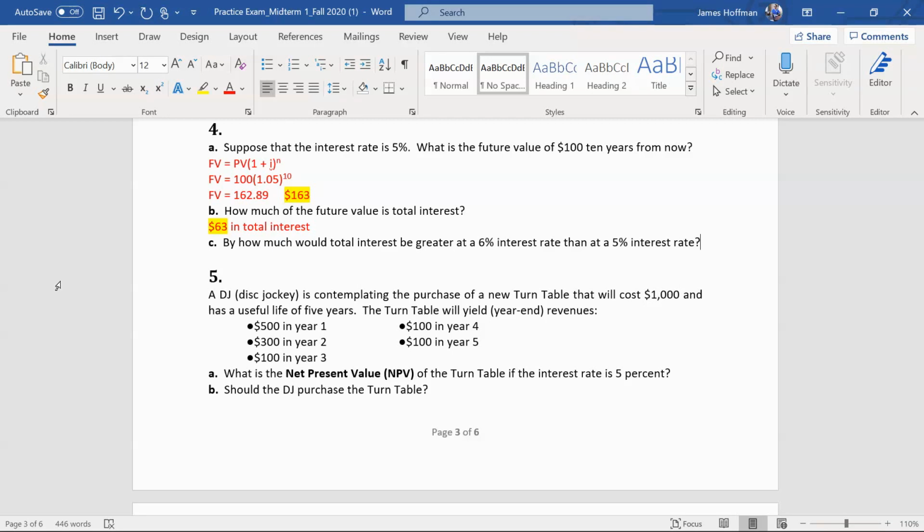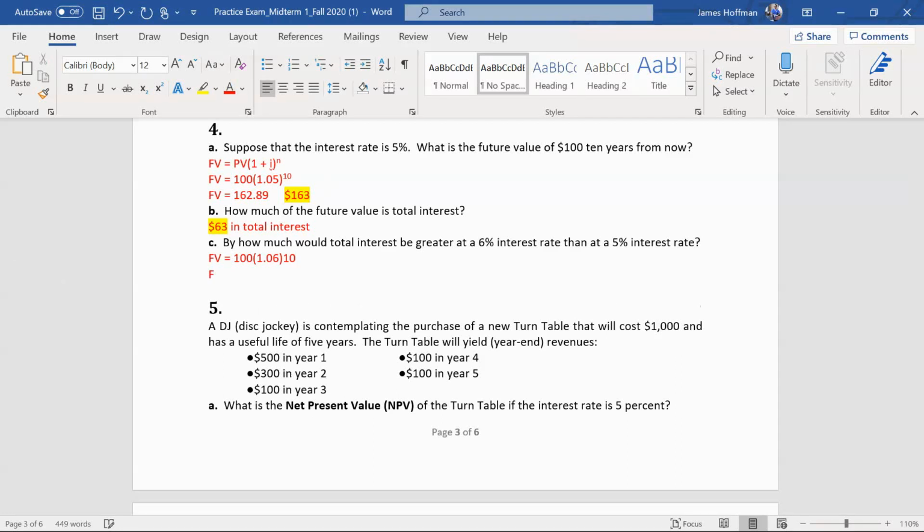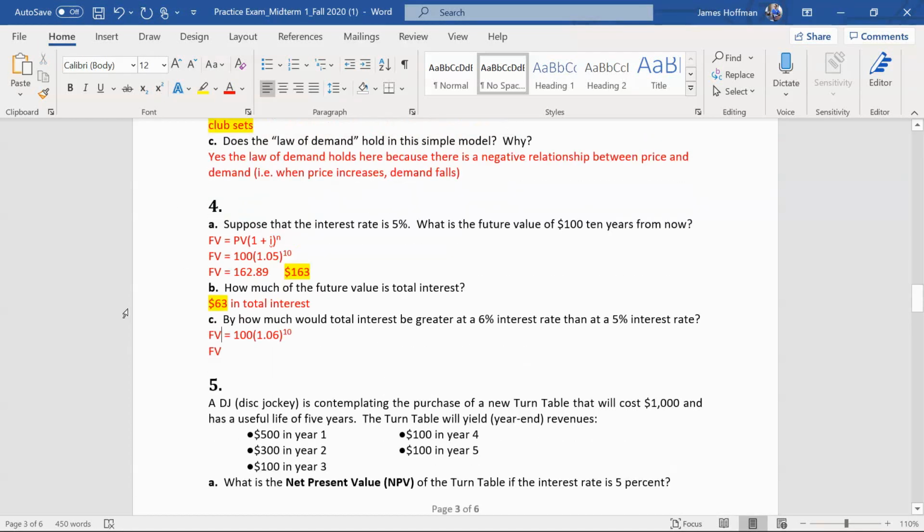So first we're going to get the future value where everything's the same except for the interest rate is now 6%. Okay, so see I'm using the same exact formula.